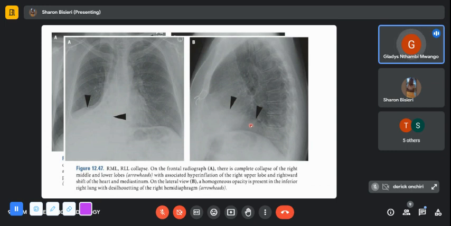Which one is silhouetted? You showed us in the frontal radiograph, in the PA, the hemidiaphragm which was silhouetted, which is the right. Can you see the right hemidiaphragm here? No, I cannot see the right here. Yeah, so again, it still confirms, right? The right hemidiaphragm goes right from anterior to posterior.